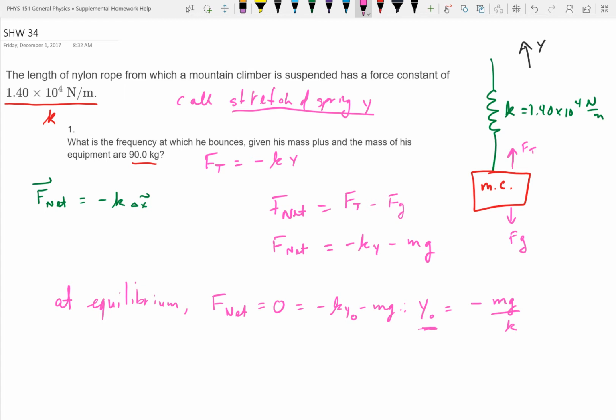And so I'm going to define a new variable. X is equal to minus mg over k. Oh, now I'm not thinking clearly.